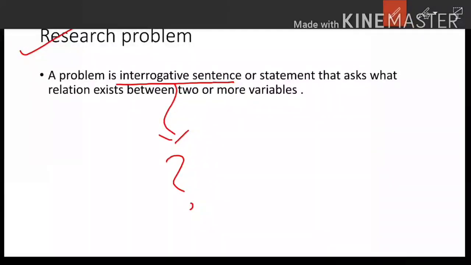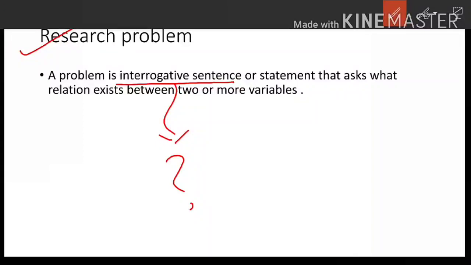It is an interrogative sentence or statement that asks what relation exists between two or more variables. What exactly is the relationship between two or more variables? When you write this type of statement in an interrogative form, you are calling it a research problem.